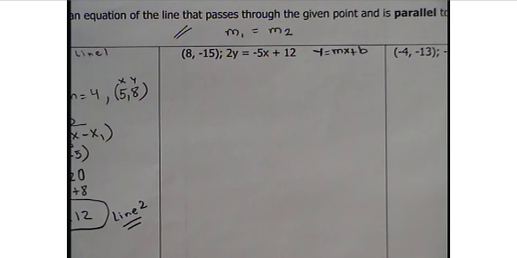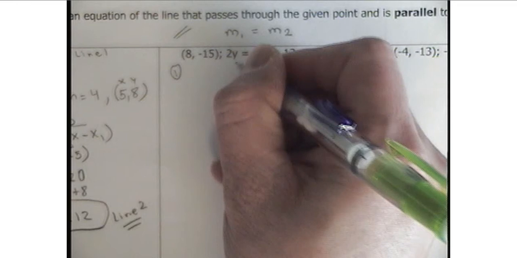So what I need to do here is solve this equation for y first to get the line 1 equation, and then by using the information from it and the slope, we'll write down the line 2 equation. So step 1 here, solve this equation: 2y equals negative 5x plus 12. We're solving for y.